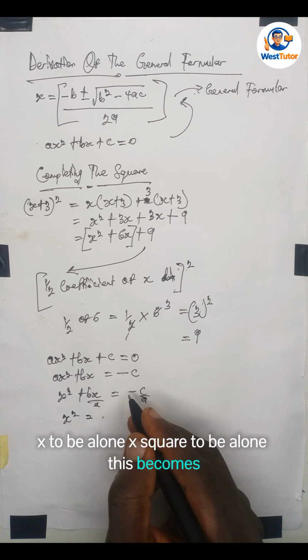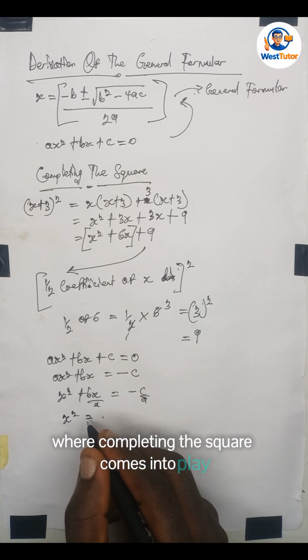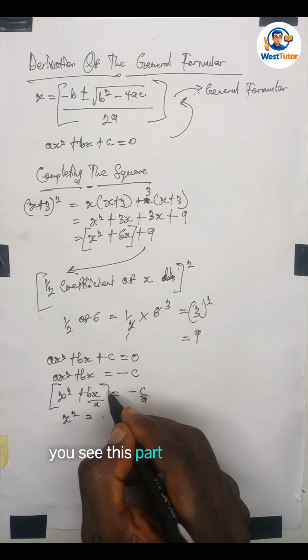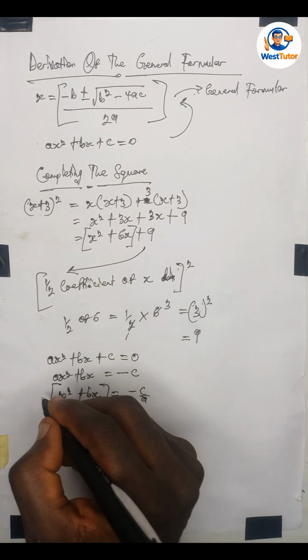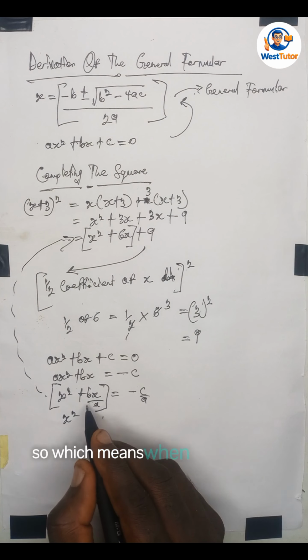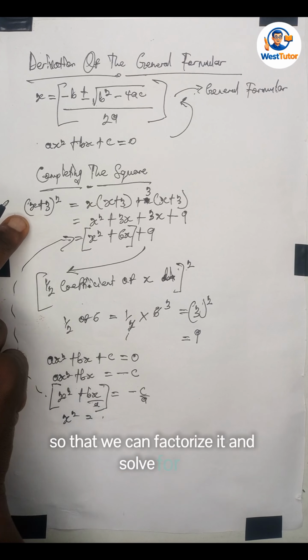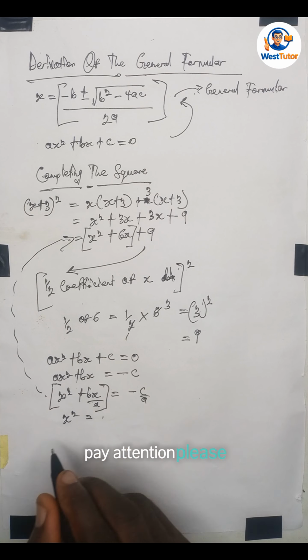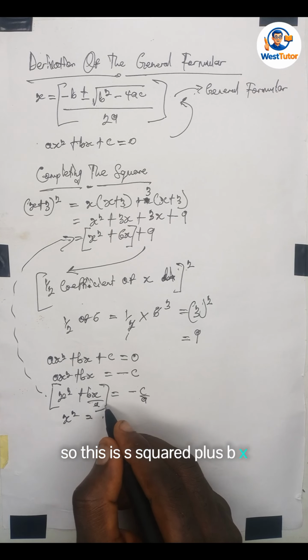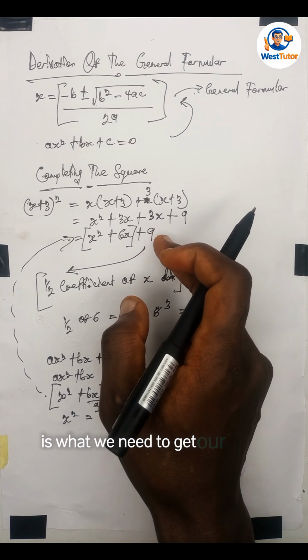Good. Now, we want to make x squared plus bx to be alone. This is the part where completing the square comes into play. You see this part is of this form. So when we have this, we can now complete the square so that we can factorize it and solve for x. Pay attention, please. So this is x squared plus bx over a plus, using this principle, the half of the coefficient of x is what we need to get our value here.